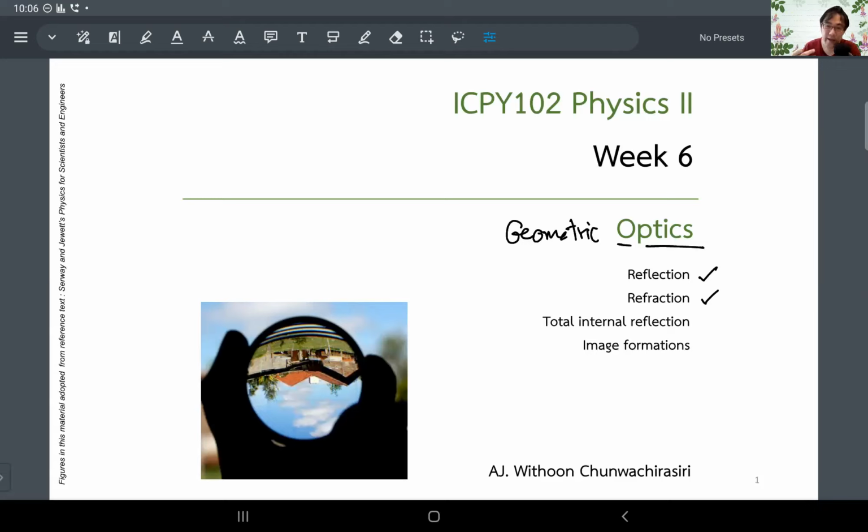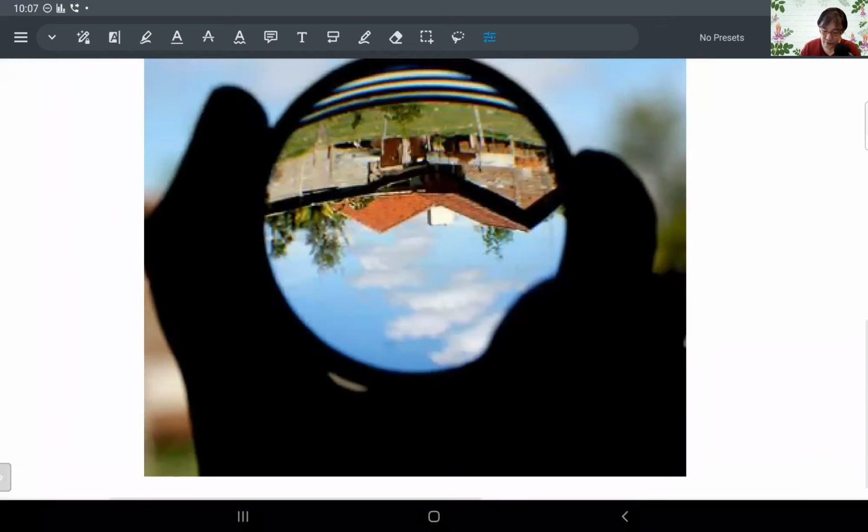Now we're going to make the observation by looking at it. This is an introduction to this topic. Sometimes you can see things going upside down, all this stuff. There is some weird behavior of the light going through this lens, and we are going to learn how things go.